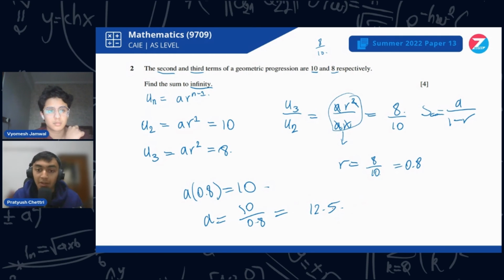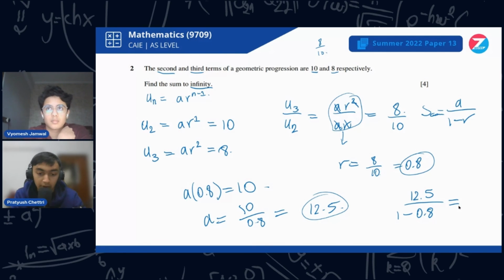So now I know the value of a, I know the value of r. I can put this in my sum to infinity formula, which is in the formula booklet, by the way, but I just suggest you remember it. 12.5 over 1 minus 0.8. This gives us 12.5 over 0.2, which is 62.5. That is our final answer.